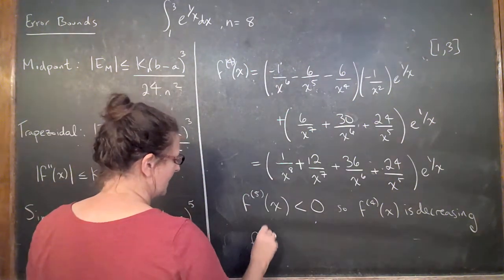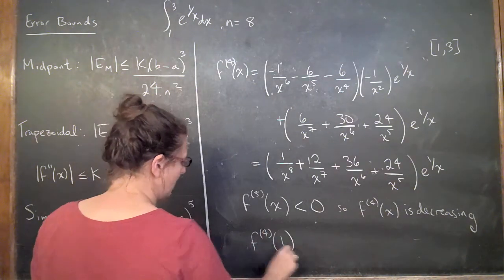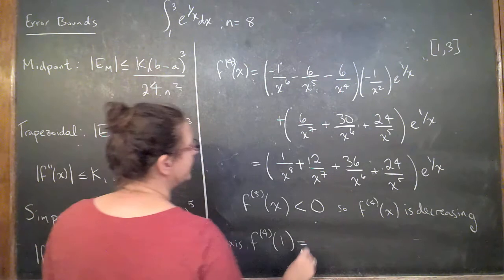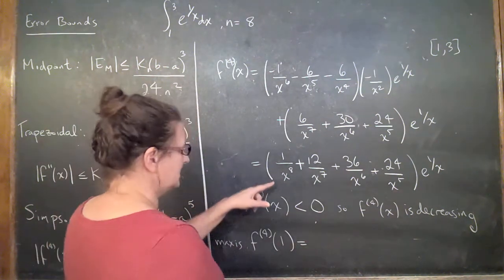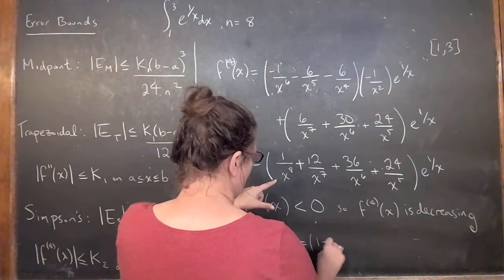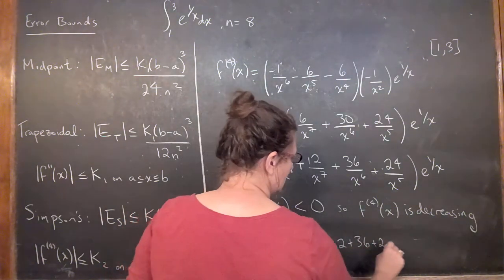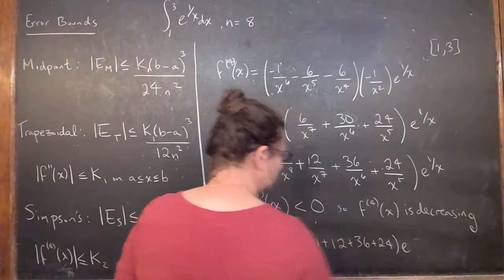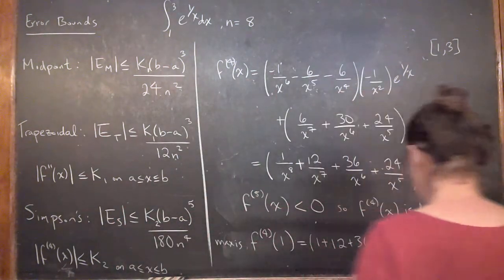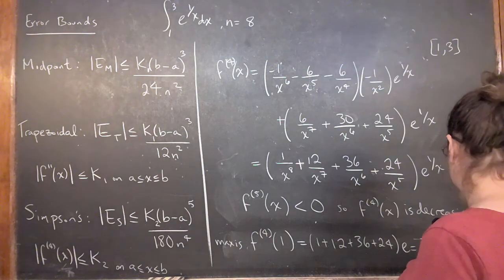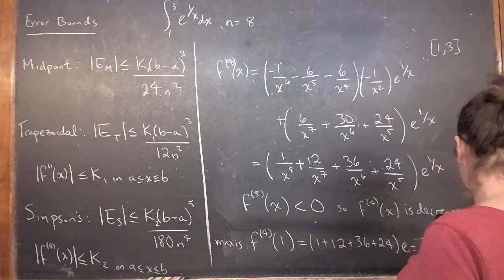So then I do f4 at 1, which is then, if I put this in here, I'm going to have 1 plus 12 plus 36 plus 24e, right, which is what? 72, 73, 73e. Okay, that's my K2.